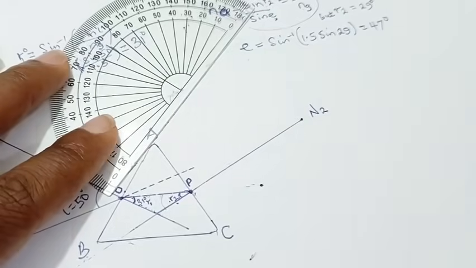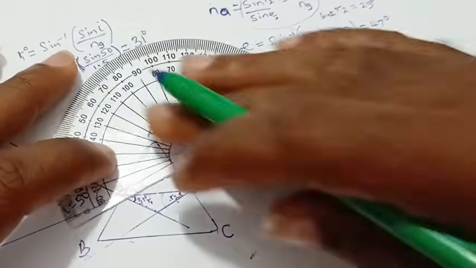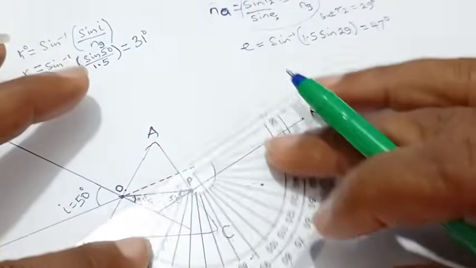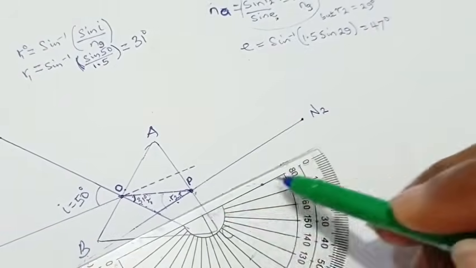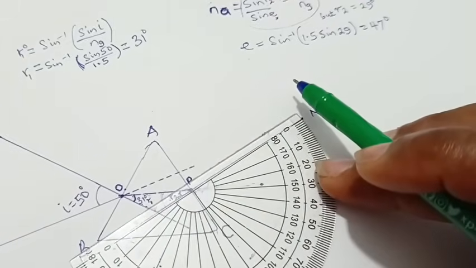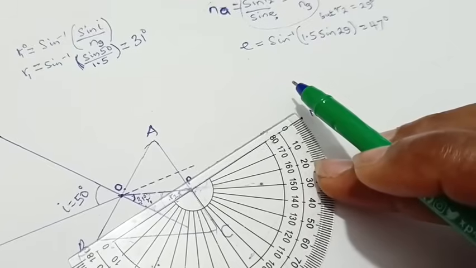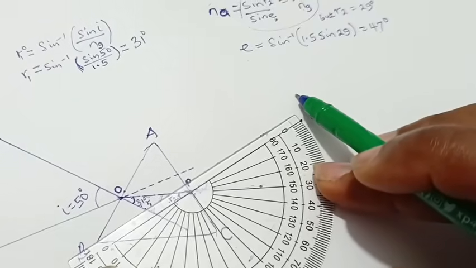Then you now measure your 47 degrees. So watch as I do that. The middle point is going to be at this point, 0 to 180 on the normal. So we have something like this. Adjust the 0 to 180 to lie on the normal N2 as perfectly as possible.